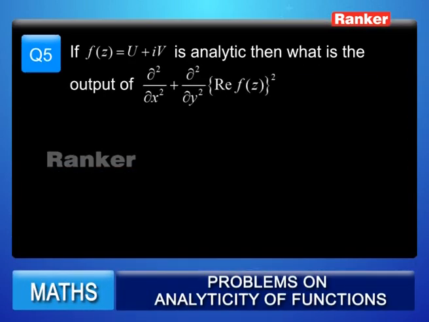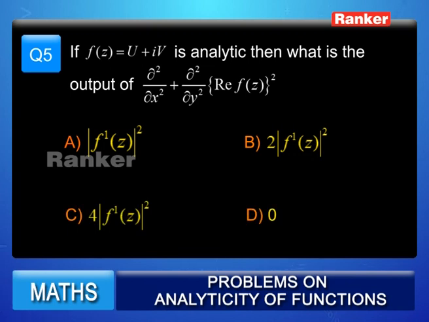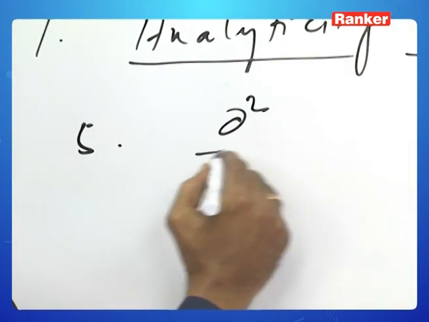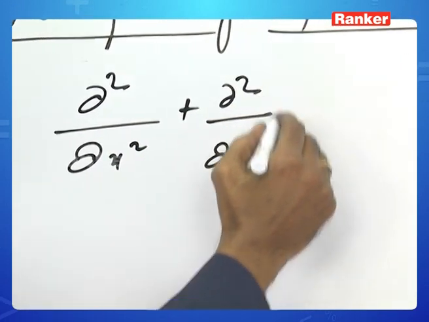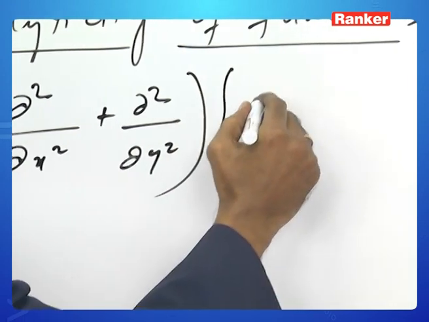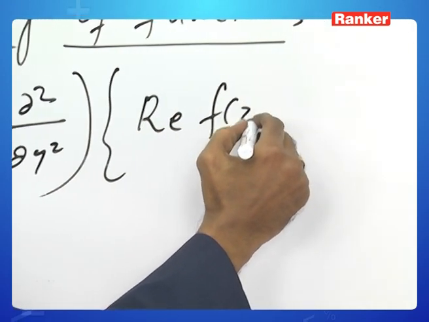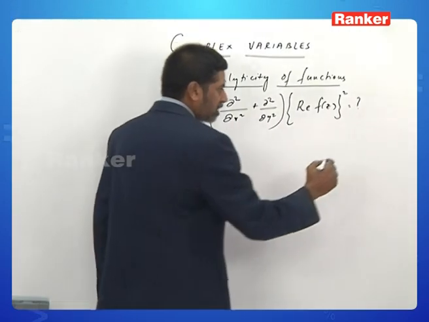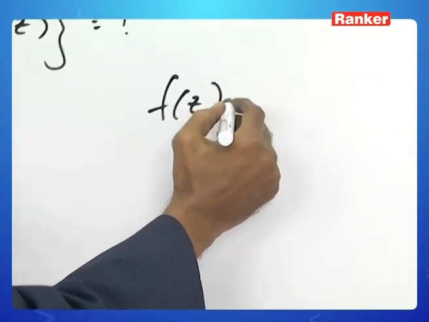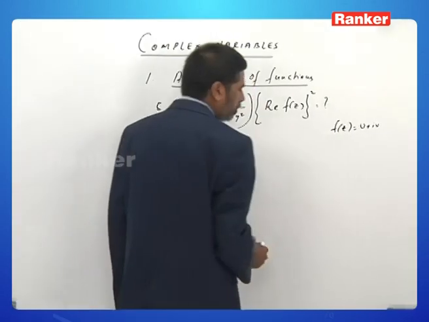Question number 5. If f of z is equal to u plus iv is analytic, then what is the output of dou square by dou x squared plus dou square by dou y squared of the real part of f of z whole squared? So given f of z is analytic, let us say f of z is u plus iv.